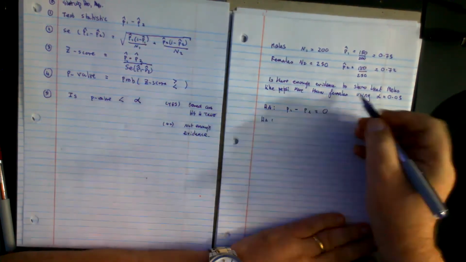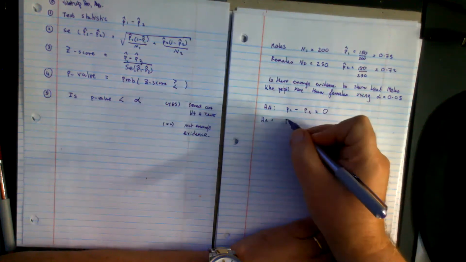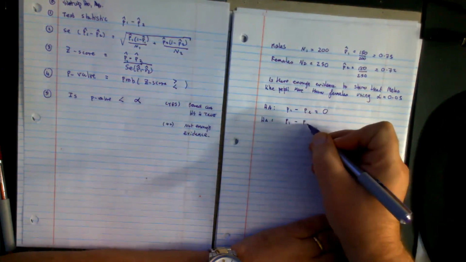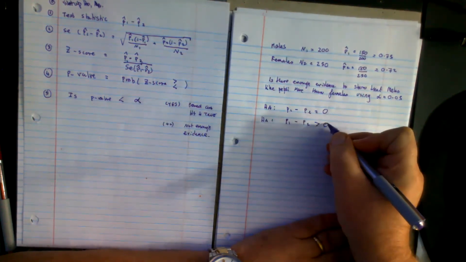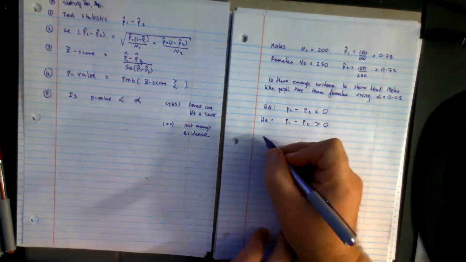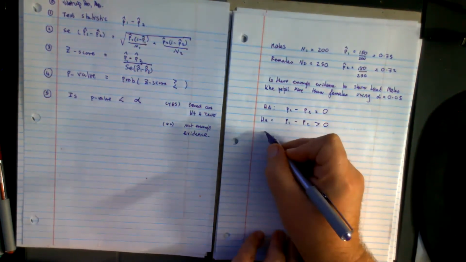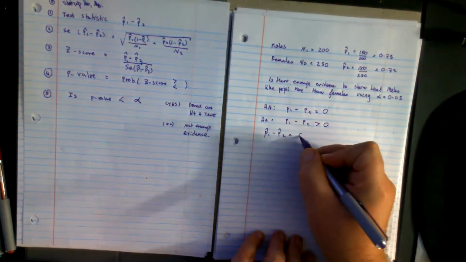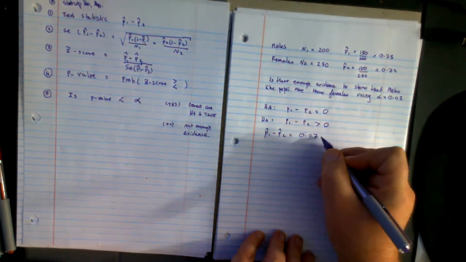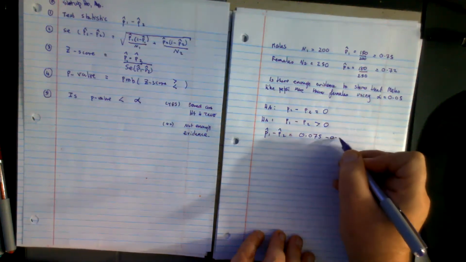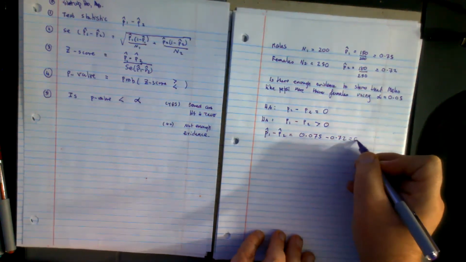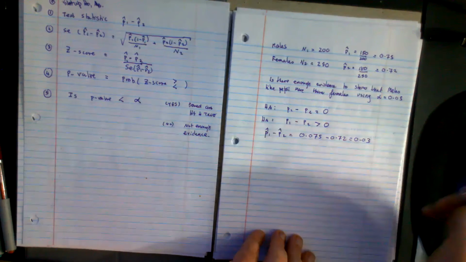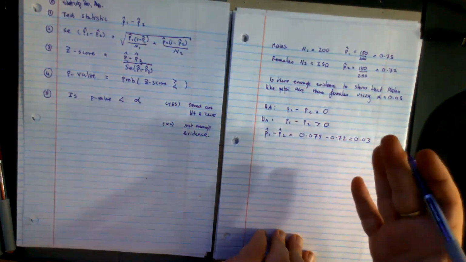And is there enough evidence to show that males, that's P1, is bigger than females, P2? So we're looking for that. The statistic is P1 hat, take away P2 hat, which is positive 3%. So we're quite happy that the evidence seems to at least be pointing in that direction.